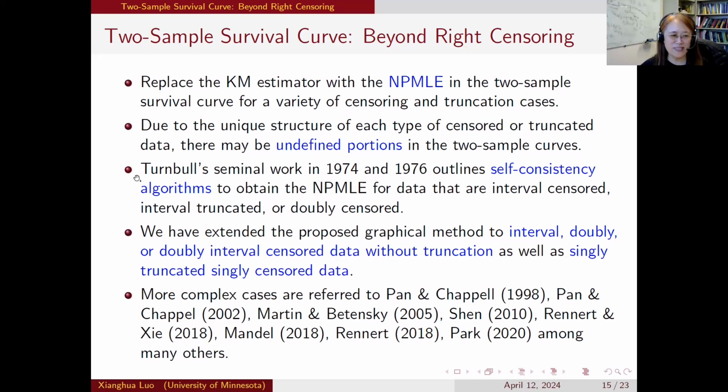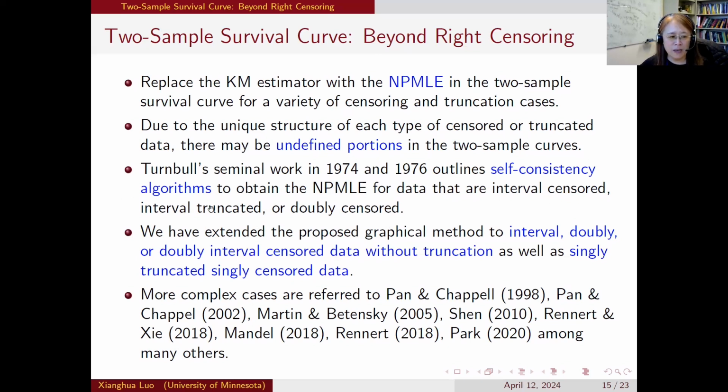Okay, I remember that when I was a student, Dr. Wang referred me to this author's seminal work about self-consistency algorithms. Basically, that's just an example of the EM algorithm to obtain the nonparametric MLE for arbitrarily censored and truncated data.